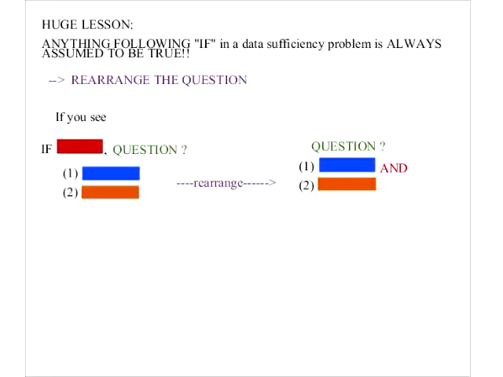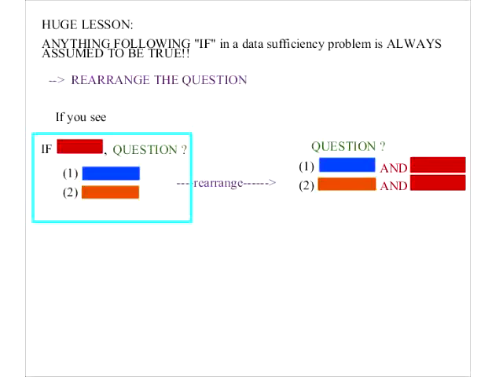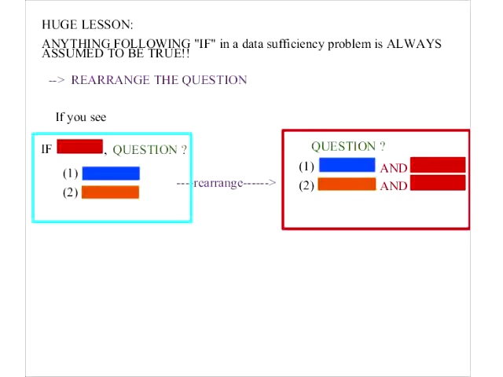So statement 1 actually becomes 2 things. Statement 2 also becomes 2 things. This is a massive rearrangement that's really going to help you in a lot of these problems. It's going to make a lot of these problems much simpler. So if you see this sort of question, then you should rearrange it so that it looks like this.